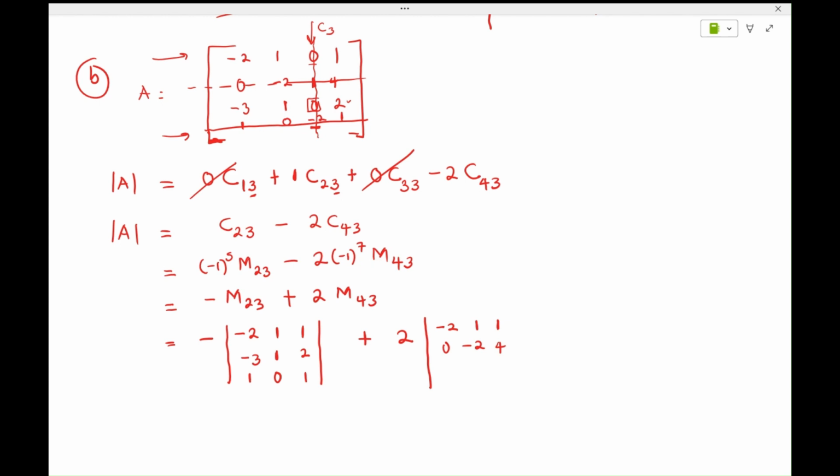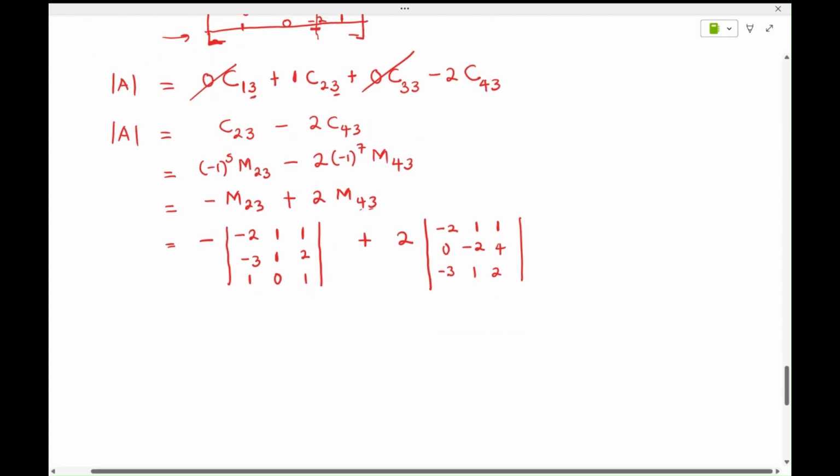Then finally, remember column 3? Row 4 is also deleted, but row 3 is still remaining. So this one, which is minus 3, 1 and 2. So this is what we have. Is that okay? So once we are here, you have two options.